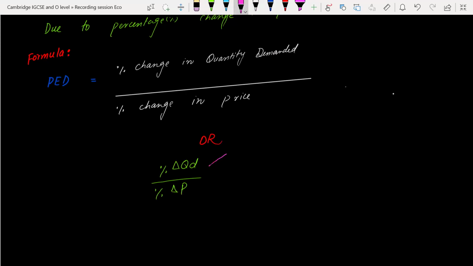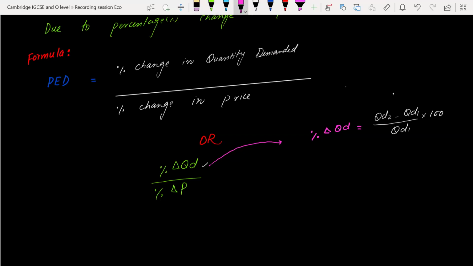Separately, I will explain this one. A percentage change in quantity demand means QD2 minus QD1 all the time divided by QD1 multiplied by 100. The answer will be mentioned here.